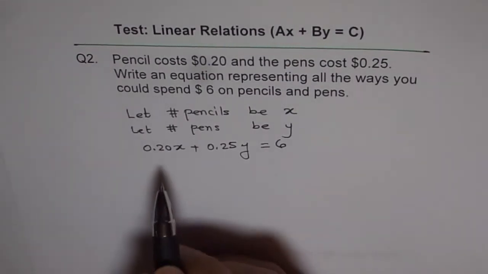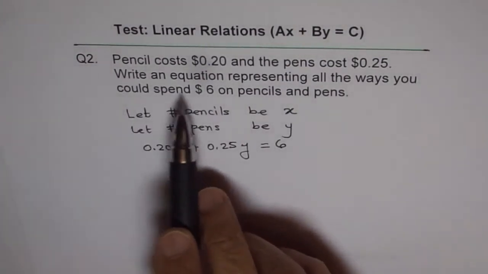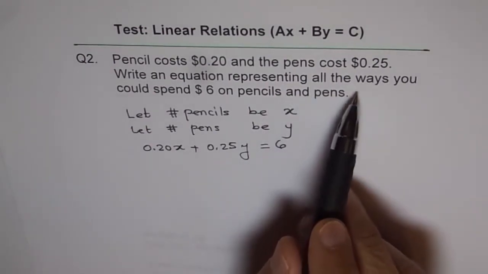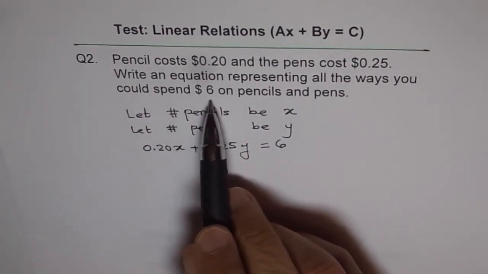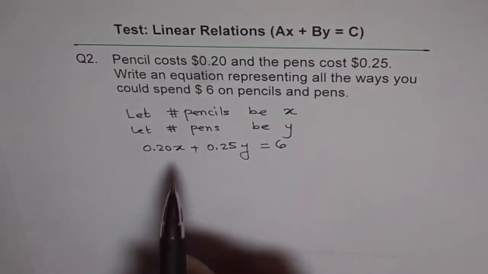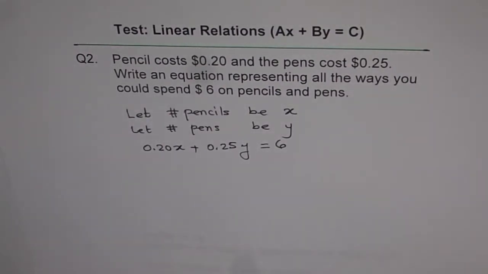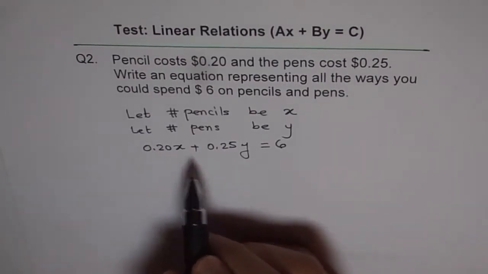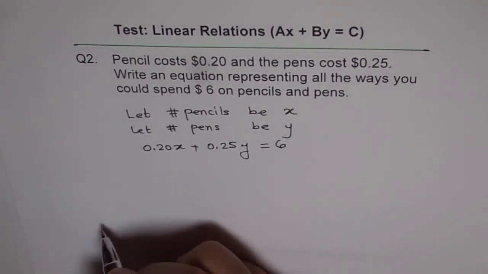Now, write an equation representing all the ways you could spend 6 on pencils and pens. If we have this kind of equation, then in how many ways can we buy pencils and pens? That is the part of the question.